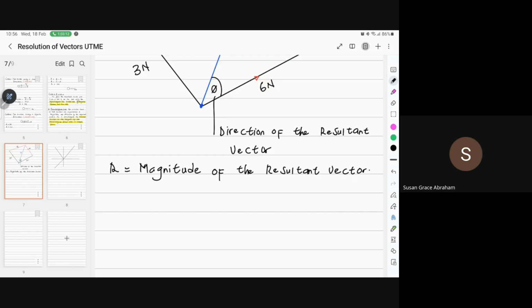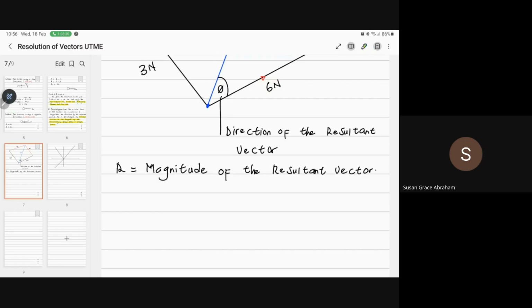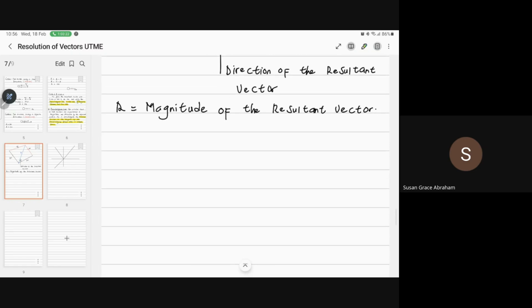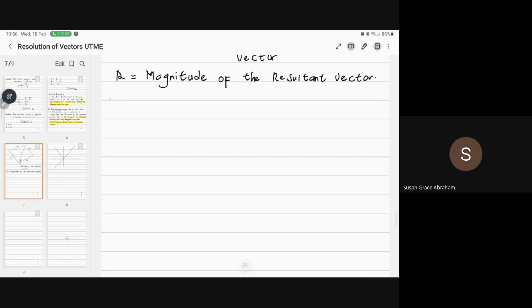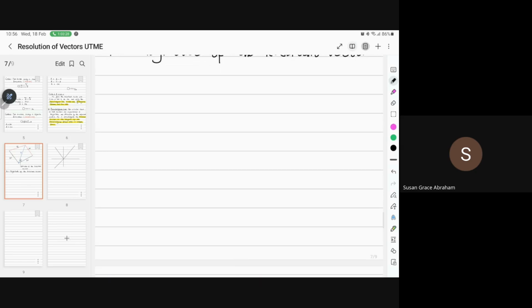All right, guys. That said, let's now look at the properties I want you to know about a parallelogram before you can be able to solve questions on this. Now, take note of these properties because I want you to understand.